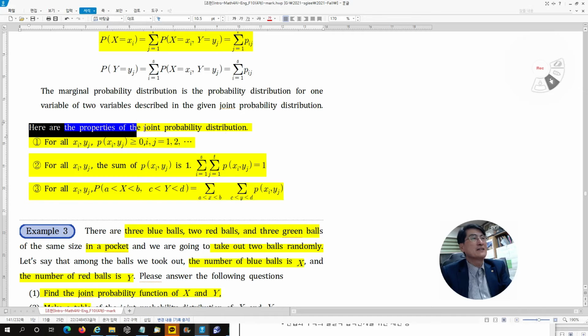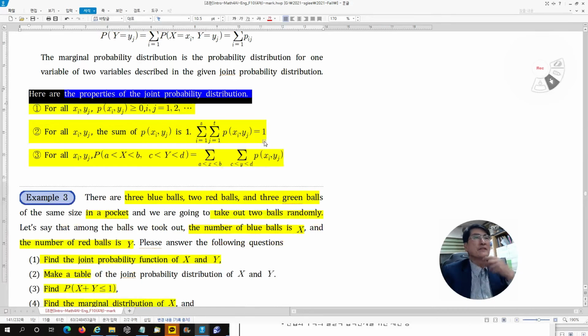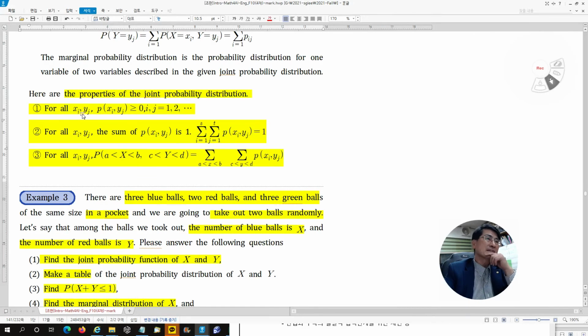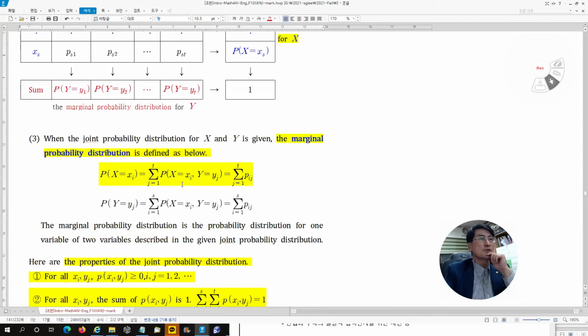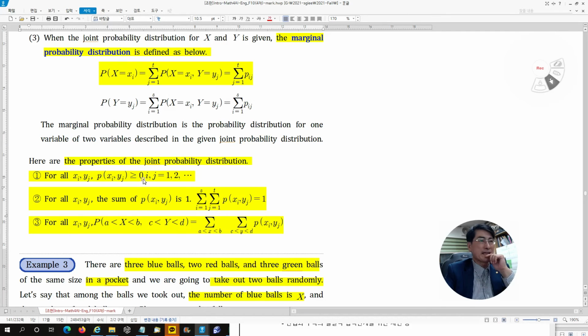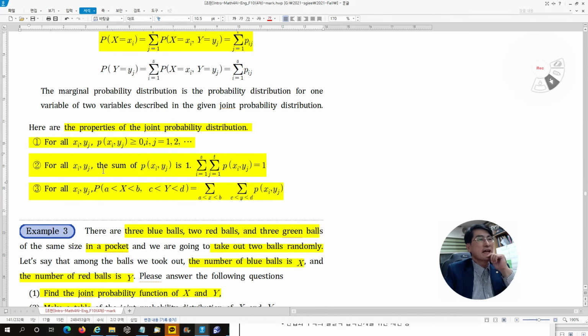Here are the properties of the joint probability distribution. For all xi and yj, p of xi, yj are all bigger than or equal to 0. All joint probability functions are non-negative. That's what it means. And the sum of Pij is equal to 1; the probability sum is equal to 1.